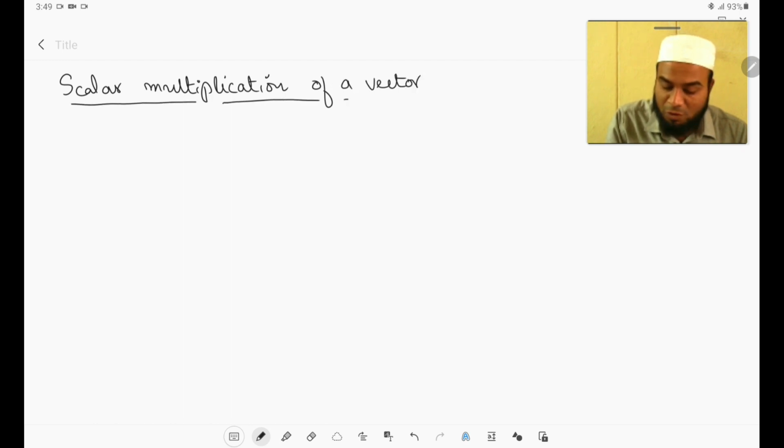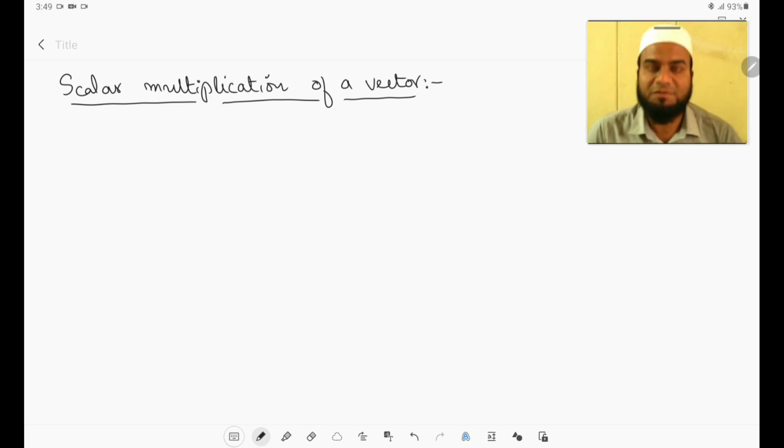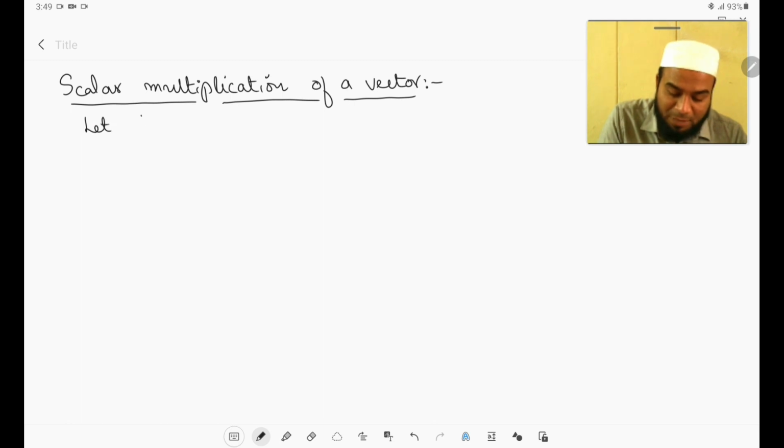So till now, the topics that we have covered are: first we have seen the definition of vector, how it is defined, then position vector, then unit vector and addition of vectors. First we have seen addition of vectors in triangle law, then addition of vectors in parallelogram law. Now we are trying to multiply the vector with a scalar. So let us consider, let lambda be a scalar, and A bar be a vector.